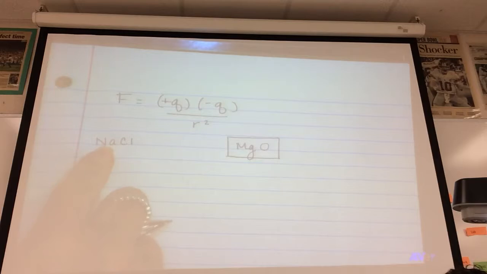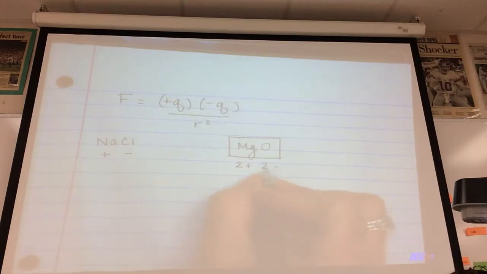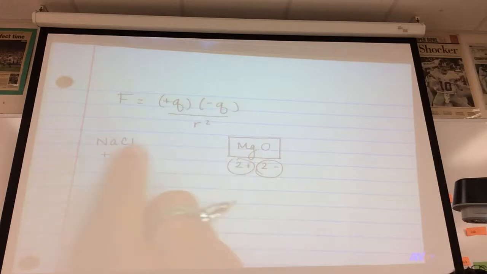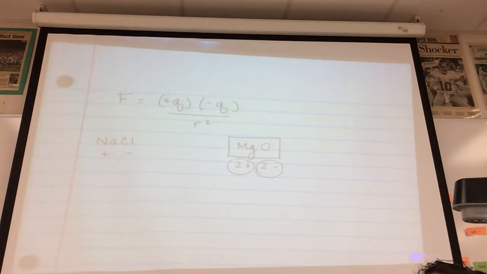Your first criteria is the charge, 1 plus, 1 minus, 2 plus, 2 minus. So the magnitude of the charge in magnesium oxide is greater than that of sodium chloride. Hence, this is going to have greater lattice enthalpy, greater coulombic attraction. These bonds are going to be stronger than these.